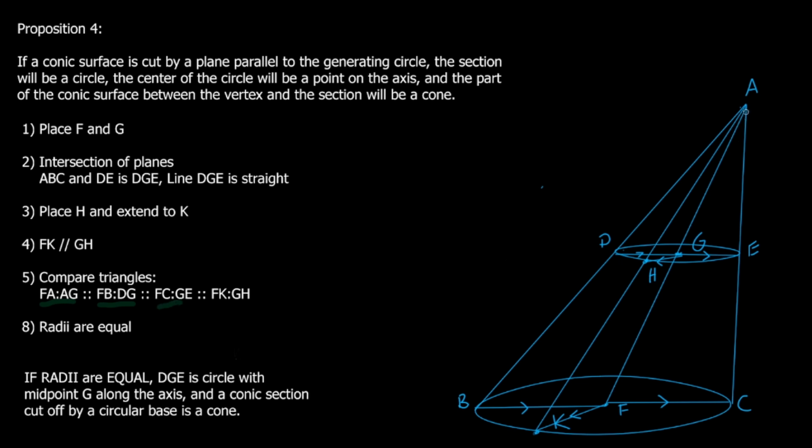And finally, on this set of triangles, AFK and AGH, this base, FK, is to GH, this base.